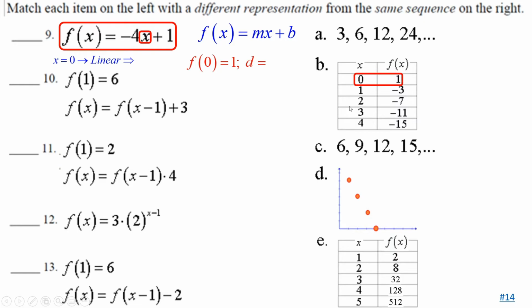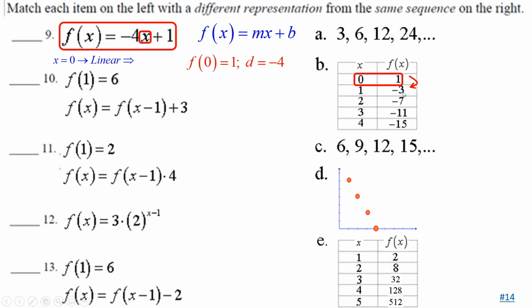Do I see it anywhere else? I don't think I do. And the common difference is my slope, which is negative 4 right there. So my outputs are going to have a common difference of negative 4, or if I'm looking at a line, that line has to have a slope of negative 4. Let's look at the f of x's in this table. 1 minus 4 is negative 3.